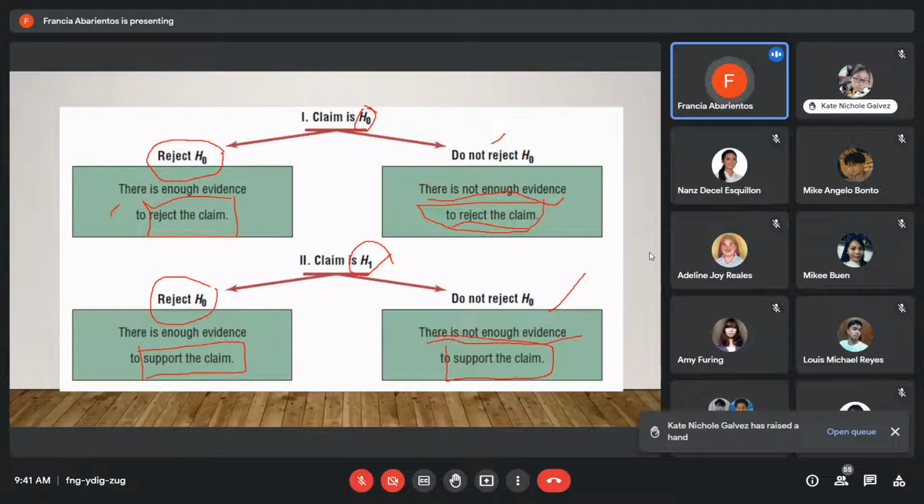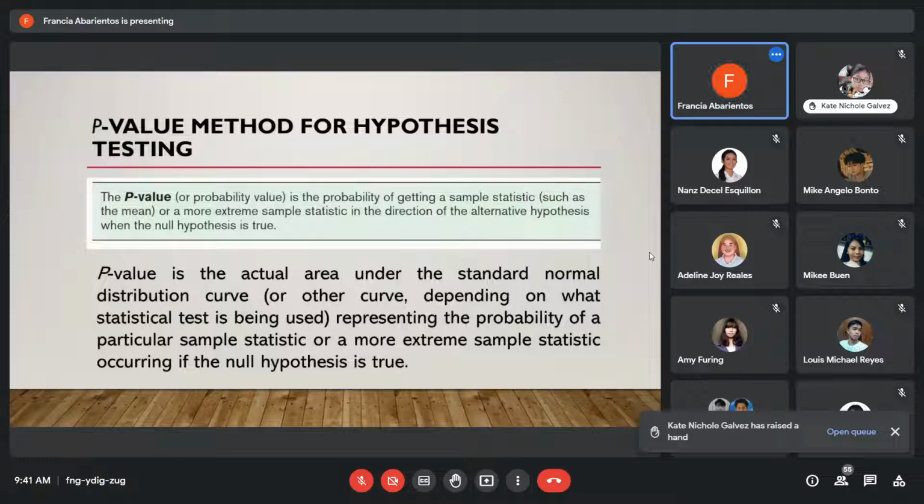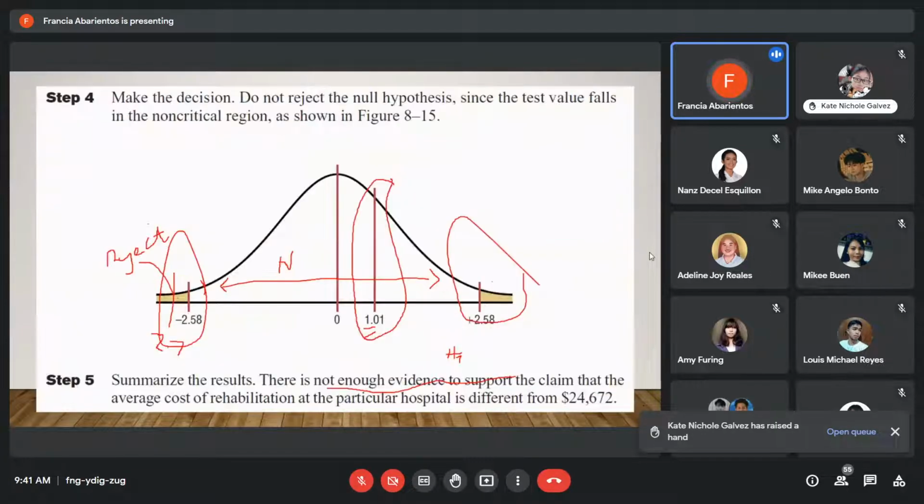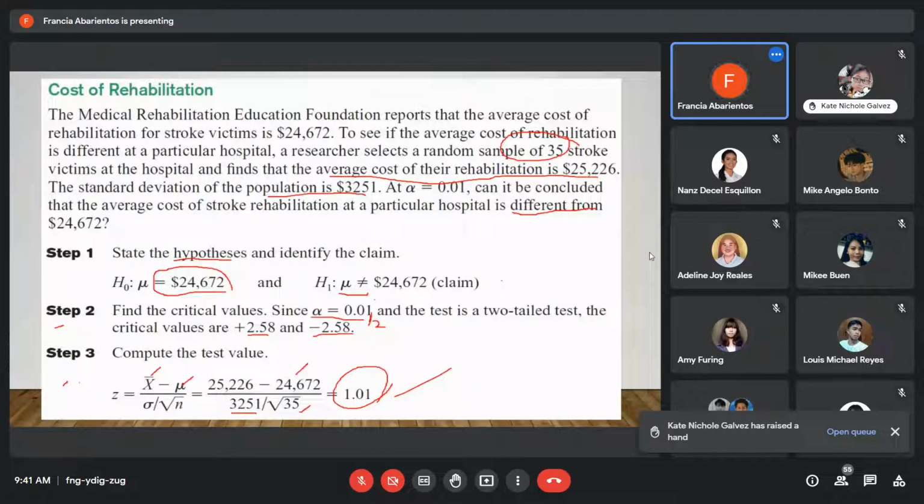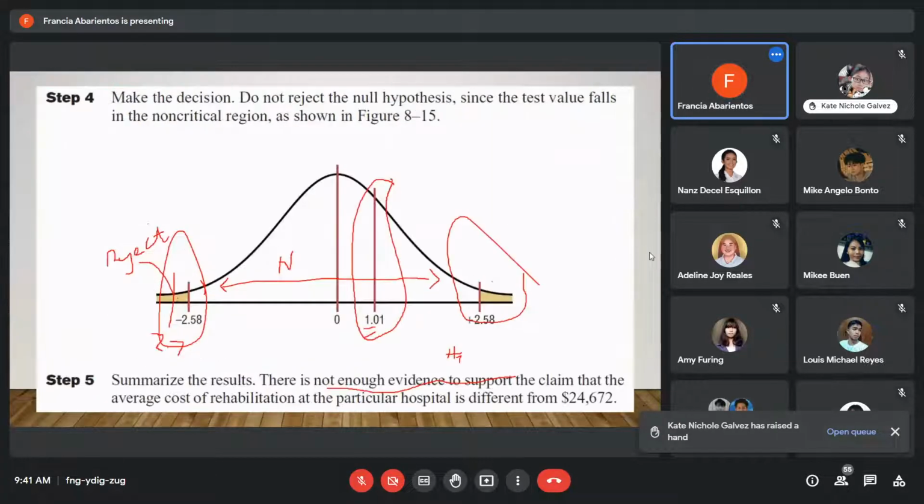This will be a big part of your research: whether you reject it or you do not reject it, whether it supports the claim or doesn't support the claim. Okay? So that is the traditional method, class. Okay, balikan ko, this is the traditional method of solving hypothesis testing.